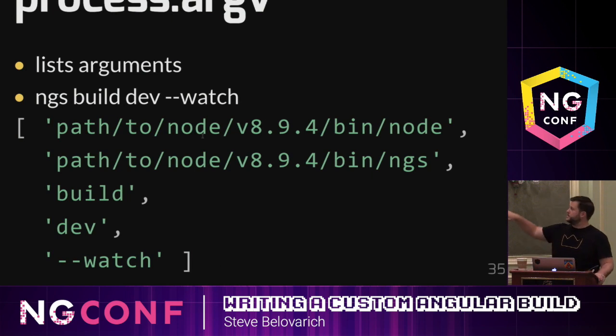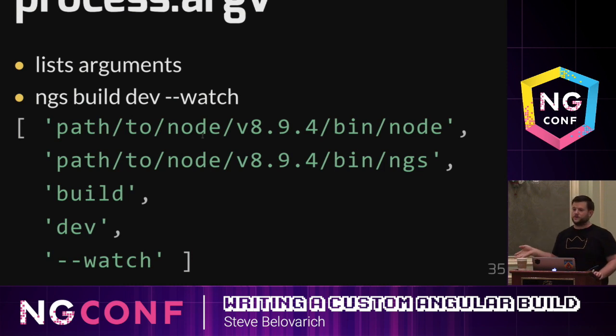It's going to point to the version of Node which we're using that is executing this command. Then the actual process we are running, ngs, since it is linked globally, it will print like this. And then we have the command after ngs, build, and then the argument for build, dev, and then another argument, which is --watch.